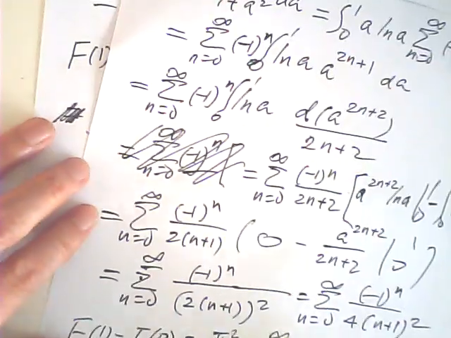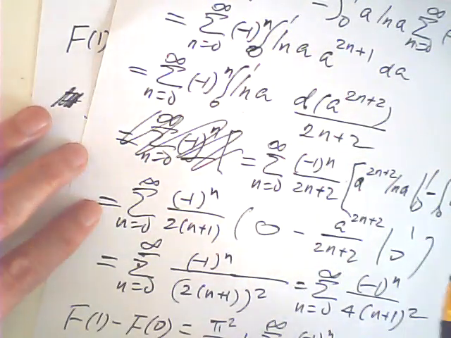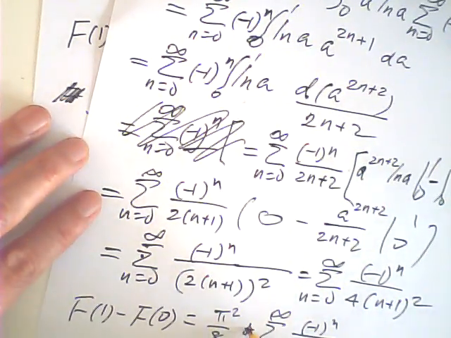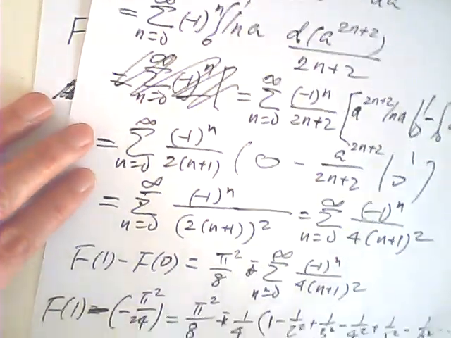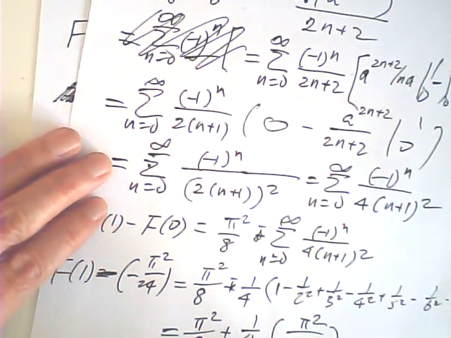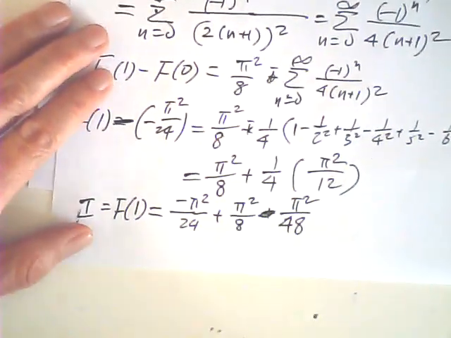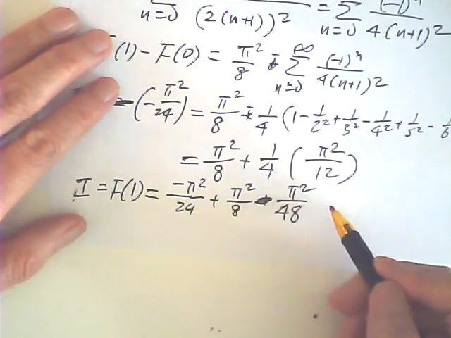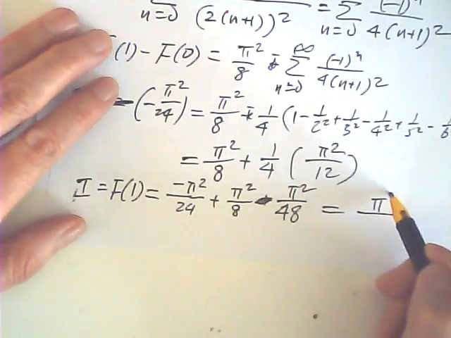So after calculation it is equal to pi squared over 6.